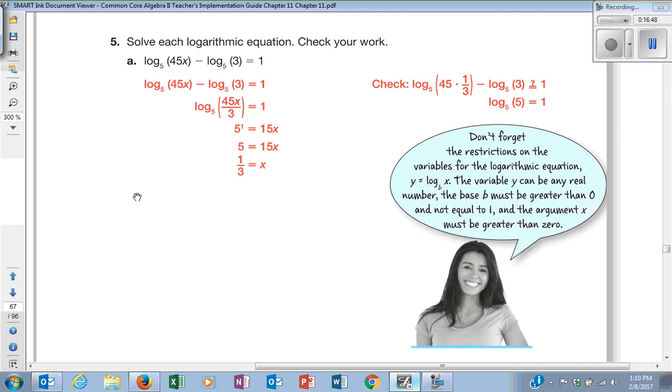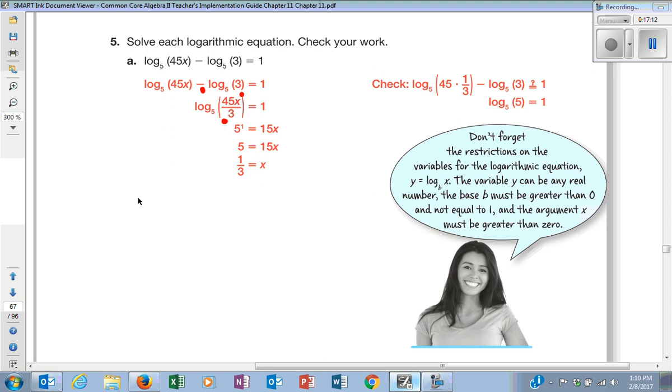All right, for this one, what they decide to do is, when I have subtraction, this is log base 5, this is log base 5. Now, we're going to have to be a little bit careful with this because we have learned some change of base formula, so we might have to use that when solving some of these. So when I have this 45x and I'm minusing this 3, I can smash it together as a division problem.